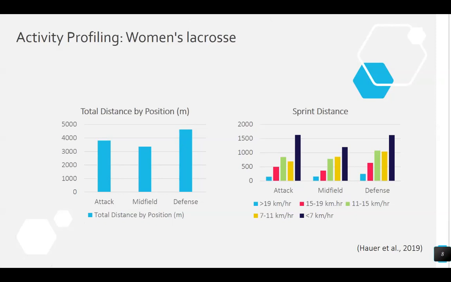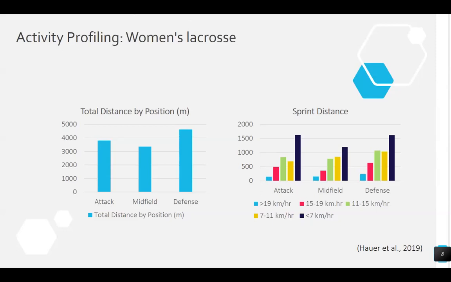Even though it's pretty close, attack and defense end up having a lot higher on the lower end of the speed continuum. Then we look at defense where that is maintained. Not only do they cover a greater total distance, but their sprint distance, that blue bar right there, is actually pretty high as well. And we can make some of those comparisons.